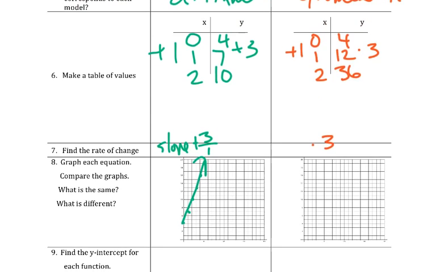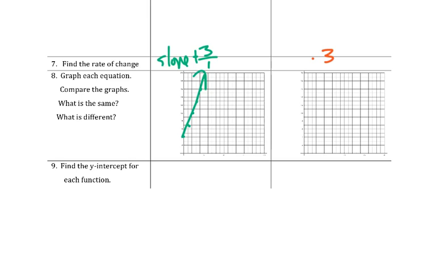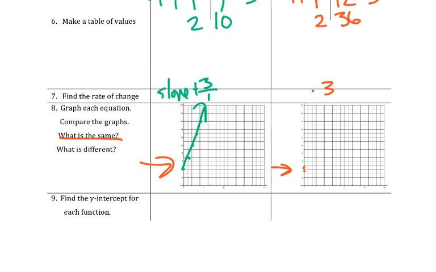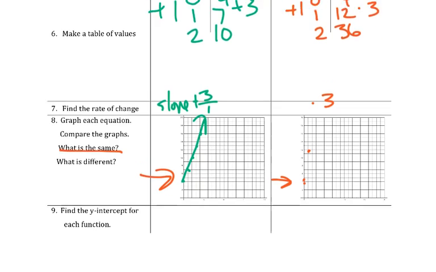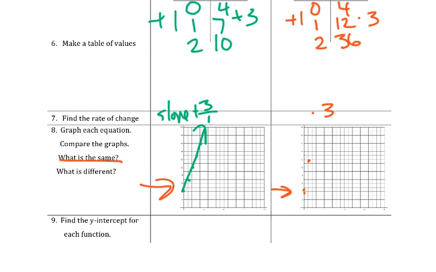For this one, we'd have 0, 4, so same starting, right? Which is one of the same things, is that they have the same Y-intercept. Okay, then 1, 12, and then 2, 36 would be clear up here, so it would look like this.